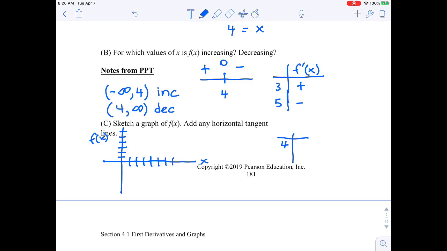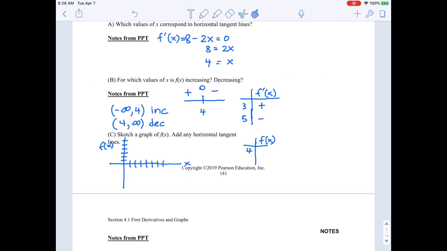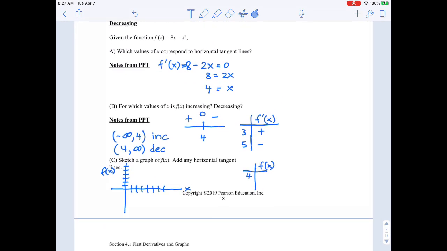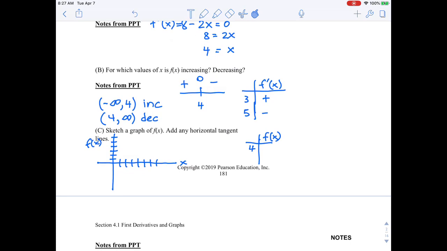We need to put that in the original function. So 4 in the original function is 32 minus 16. I'm just going to pretend this is 16.